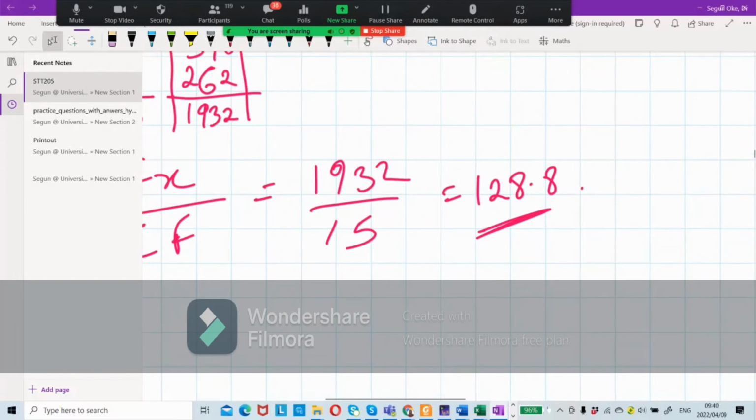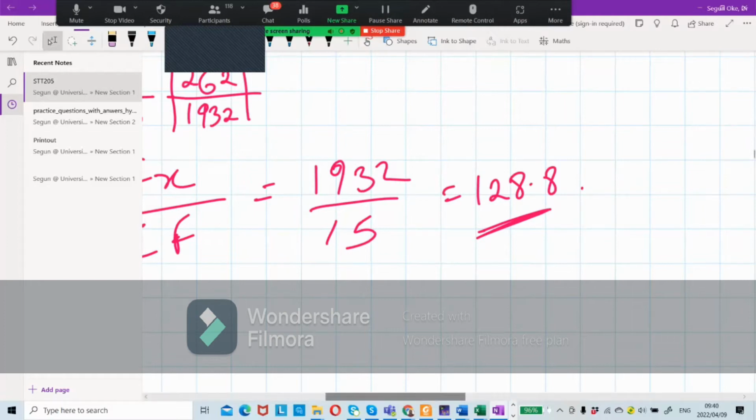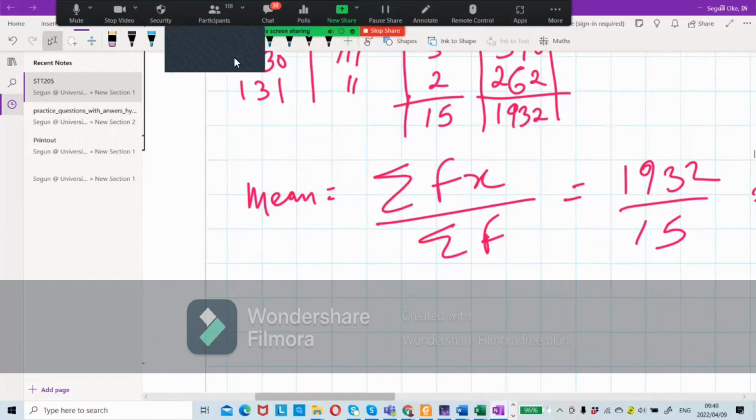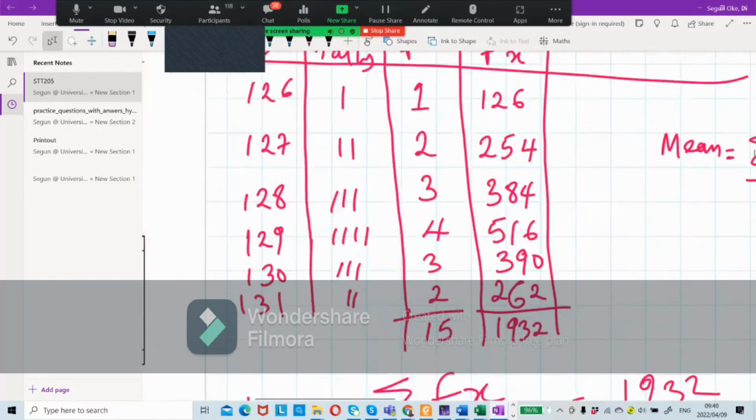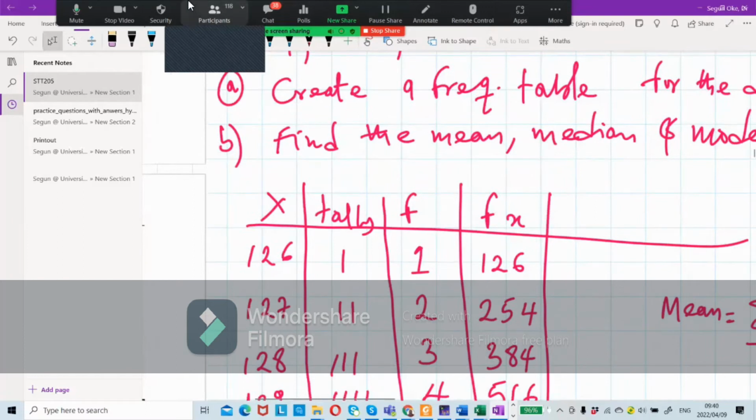That's our mean, or 129 when you approximate it. Now we are asked to calculate our median.